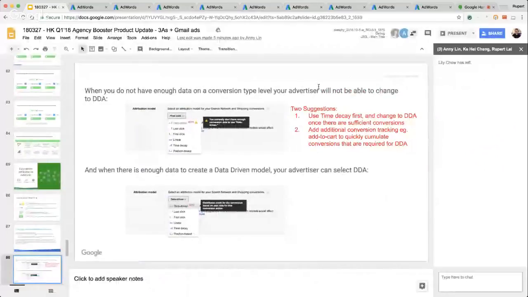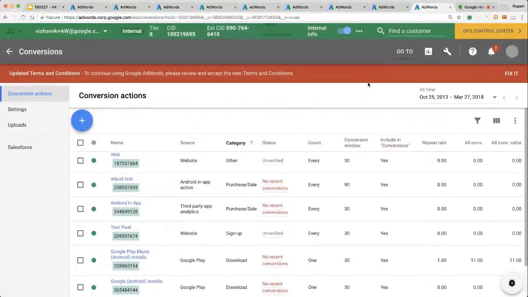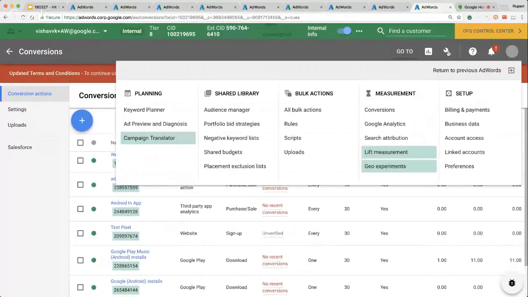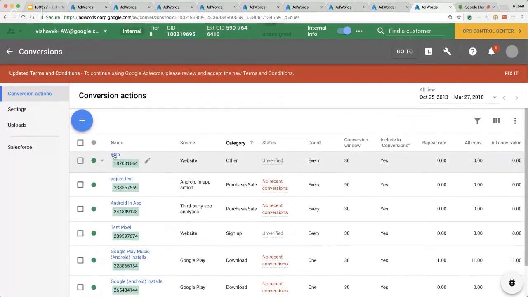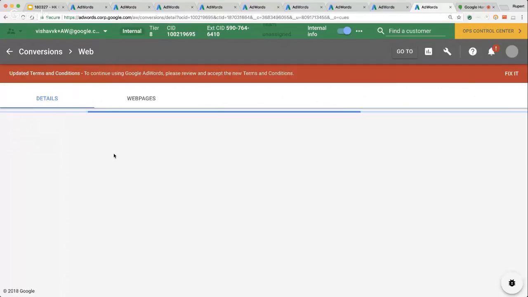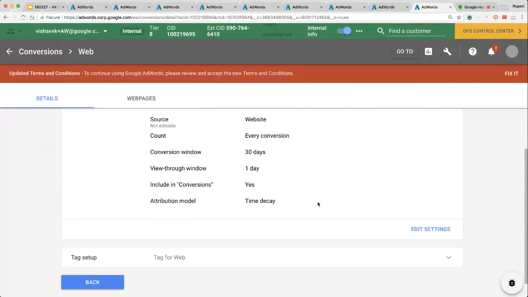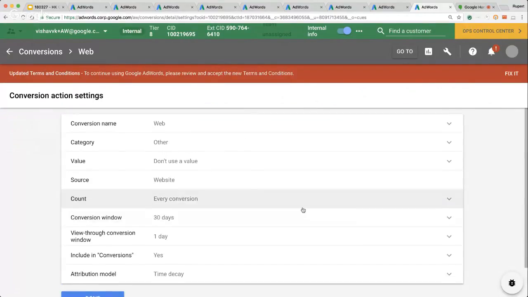So how do you change the attribution setup in AdWords? As you can see here, go to Tools, and under Conversions, you'll be able to find the conversion tagging that you have. Click on your conversion tag and edit the settings.